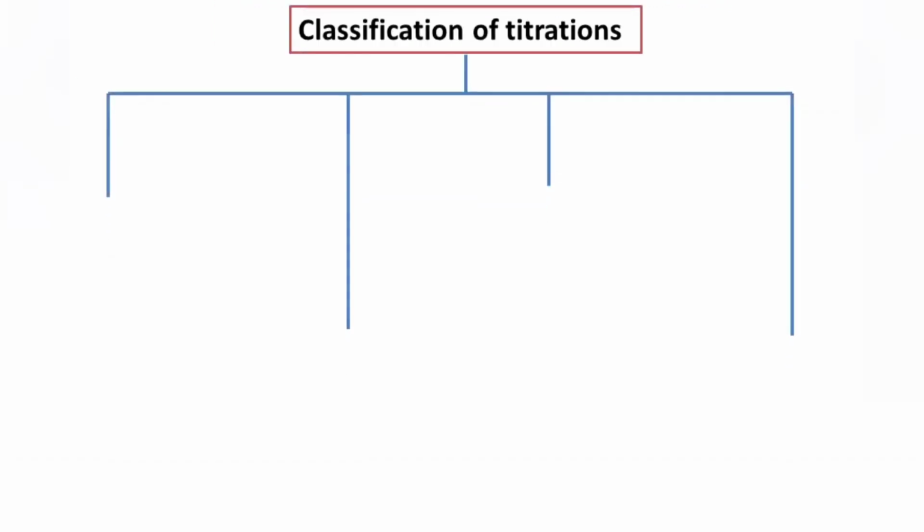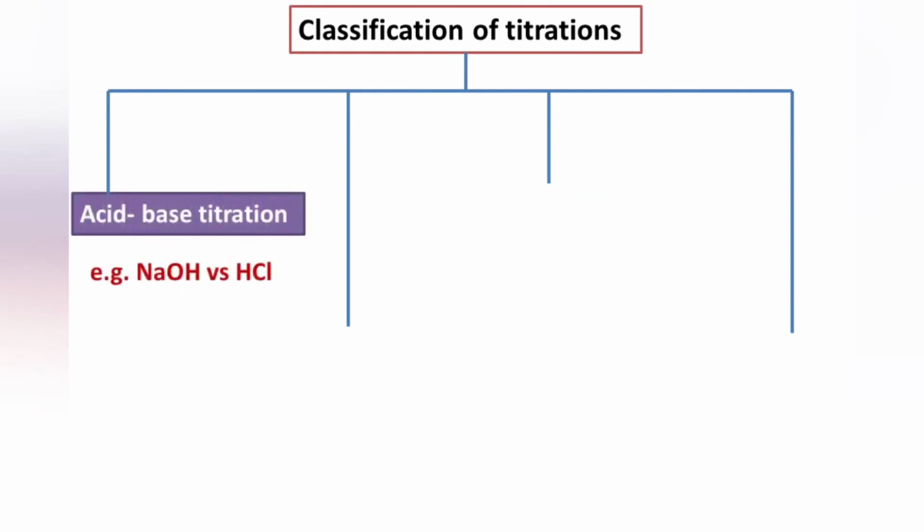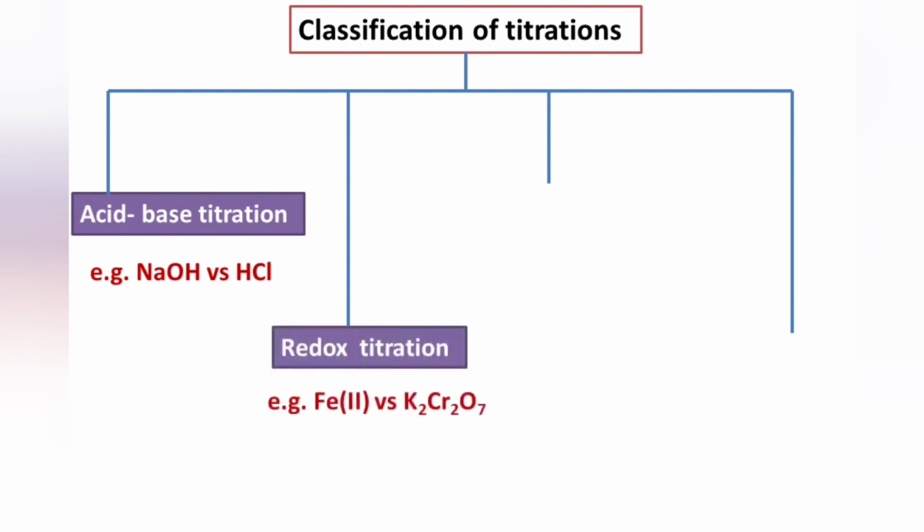Okay, there are different classes of titration. We have acid-base titration, also known as a neutralization reaction, which involves the reaction of an acid and a base. Then you have redox titration. In redox titration, oxidation and reduction are taking place. There is transfer of electrons, so there will be an oxidizing agent and a reducing agent.